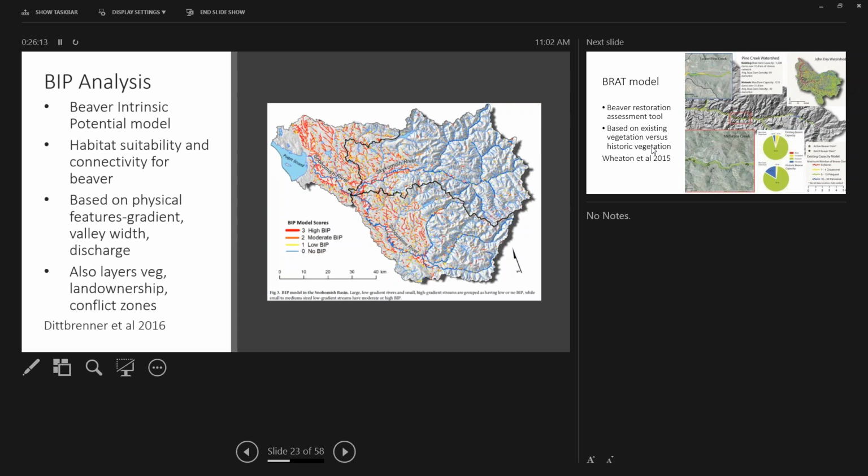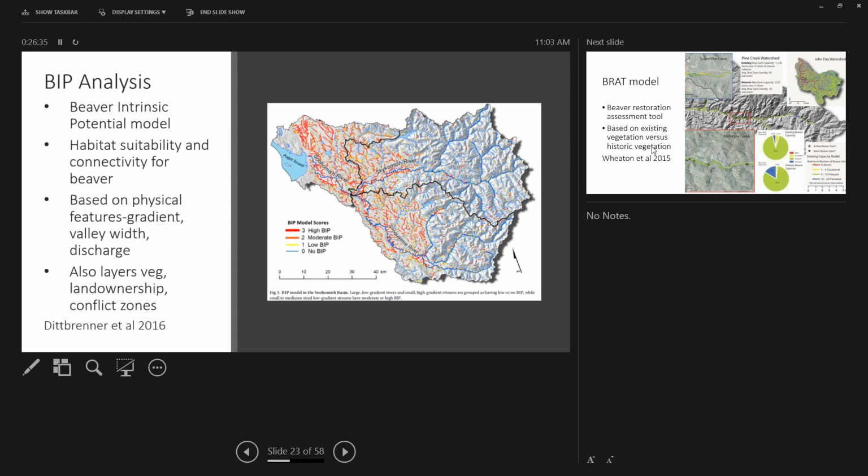So one of the ways we're looking at how do we put beaver on the landscape is through modeling. Ben Didbrenner just finished up his PhD at UW, and he's creating the beaver intrinsic potential model, which is really looking at physical features on the landscape: do they accommodate the gradient, the valley width, are those potentially accommodating beaver.